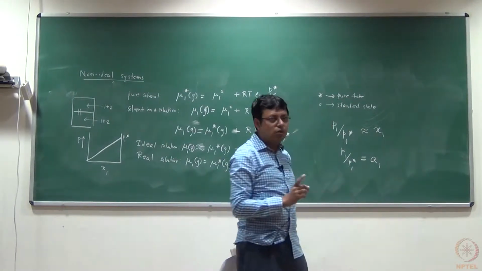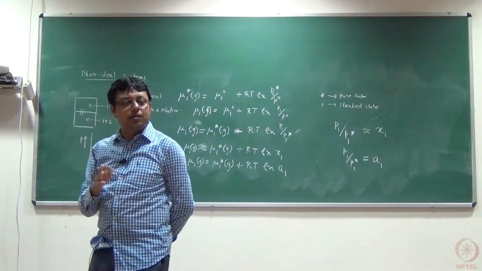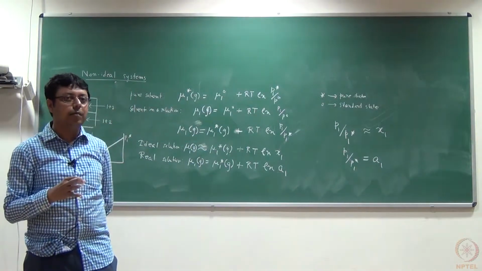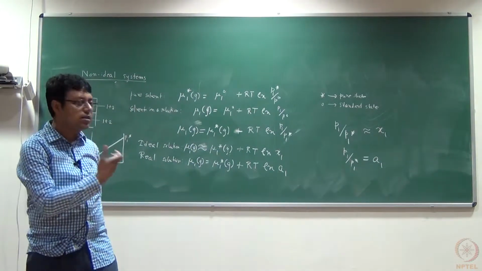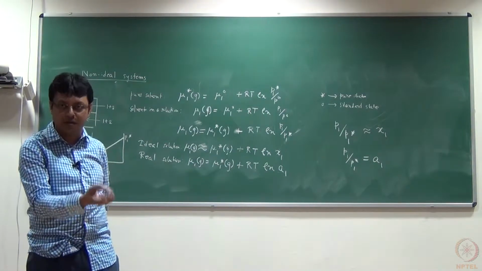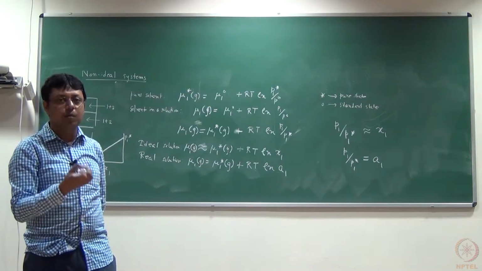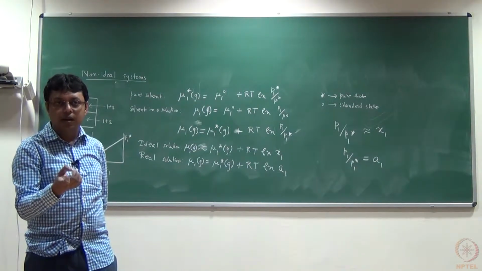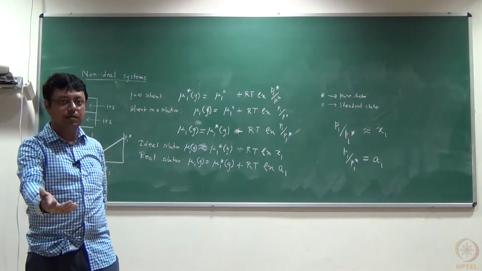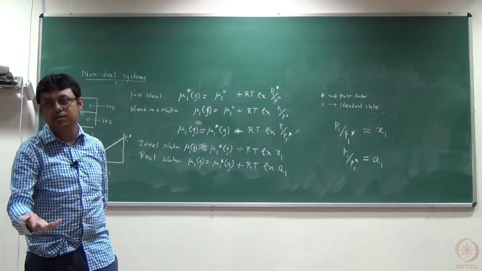So although I have introduced a new function, it's not a very problematic thing. Why? Because you will just measure the vapor pressure of a particular solvent, say component 1, and compare it with the case where that constituent were solely present.